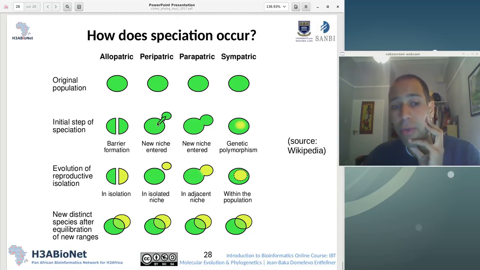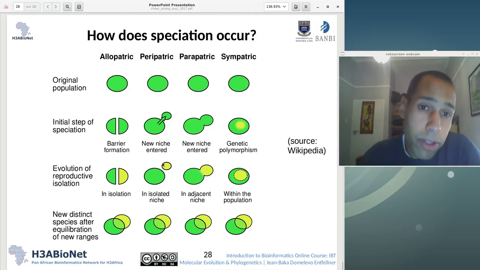For instance, a few individuals start feeding also on a different type of feed, and gradually, by mating only in isolation, they form a different species after some time, by again accumulation of mutation, by the fact that the genetic pool here is no longer compatible with this one, or there is no genetic flow between these two populations because they mate separately in isolation.